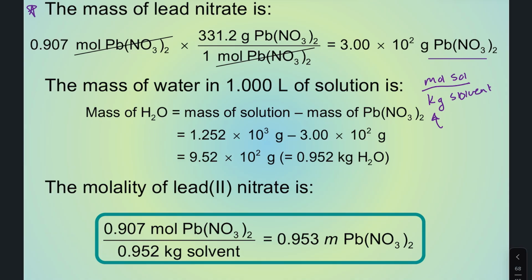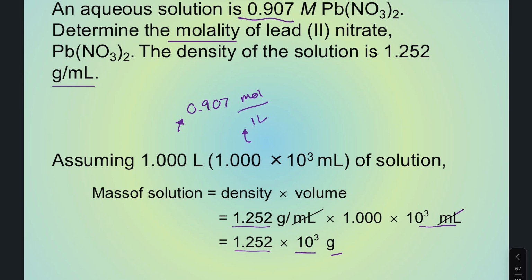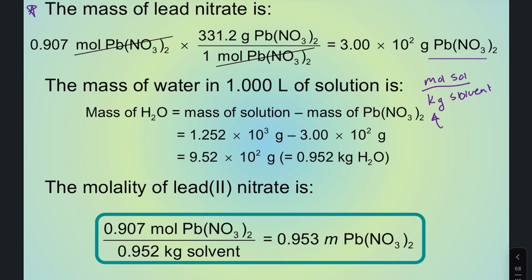And so if we have the mass of the solution, which we just previously calculated here, and we have the mass of lead nitrate, then we can subtract one from the other to get just the mass of the solvent by itself.